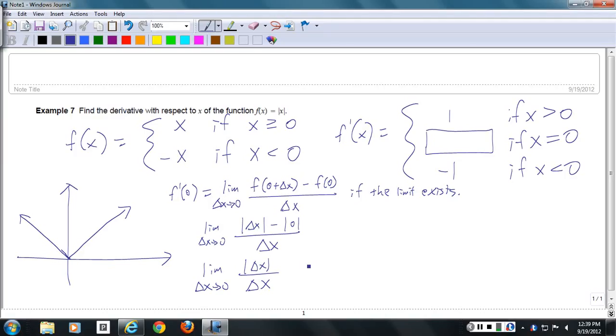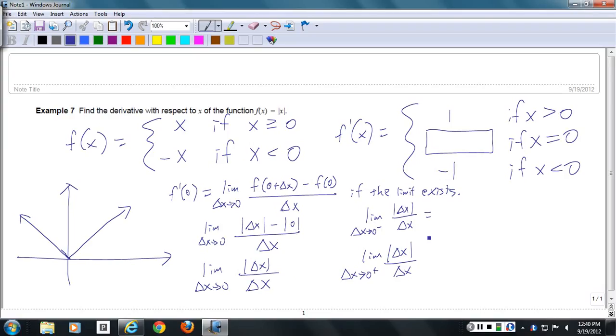So to figure this out, we consider the limit of the absolute value of delta x over delta x as delta x approaches 0 from the left, and the limit of absolute value of delta x over delta x as delta x approaches 0 from the right. If they both exist and are equal, we'll declare the two-sided limit to be equal to their common value.